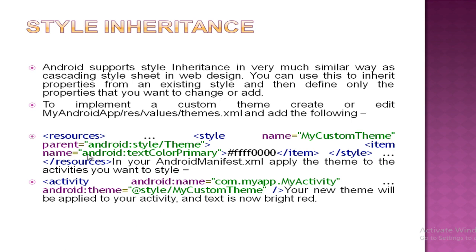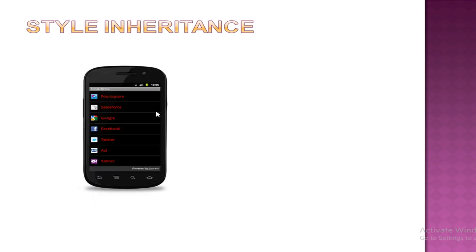So this is about the code, and your new theme will be applied to your activity, right? And the text will now be bright red. Here you can see Foursquare, Salesforce, Google, Facebook, Twitter, AOL, then Yahoo, that will appear in red font.